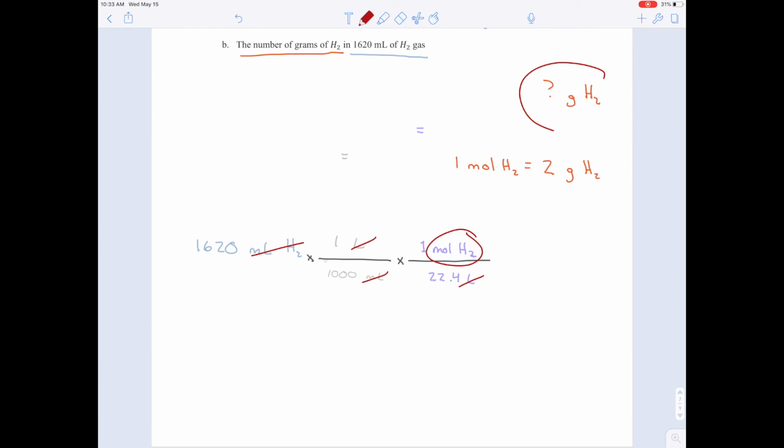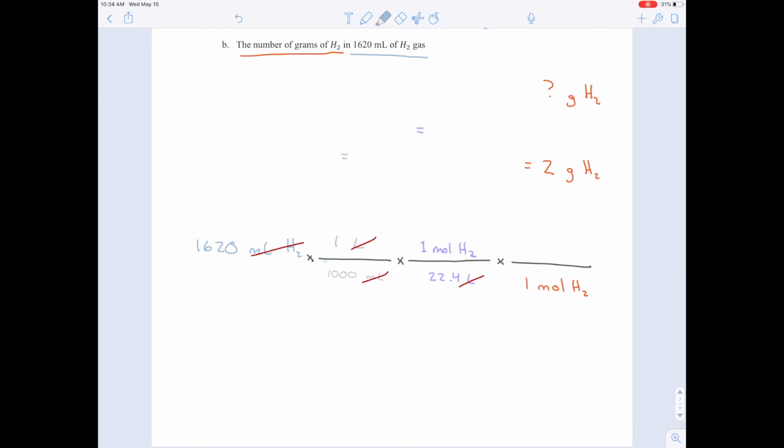But we don't want moles of H2, we want grams of H2, so we get to do one more conversion. Every time you do a conversion, write a multiplication sign, fraction bar, and the units that you start with on top go on the bottom of the next fraction so that they'll cancel out. So here, that's moles of H2. So we'll take the side of the conversion factor that has moles of H2 and put that on the bottom of this fraction.